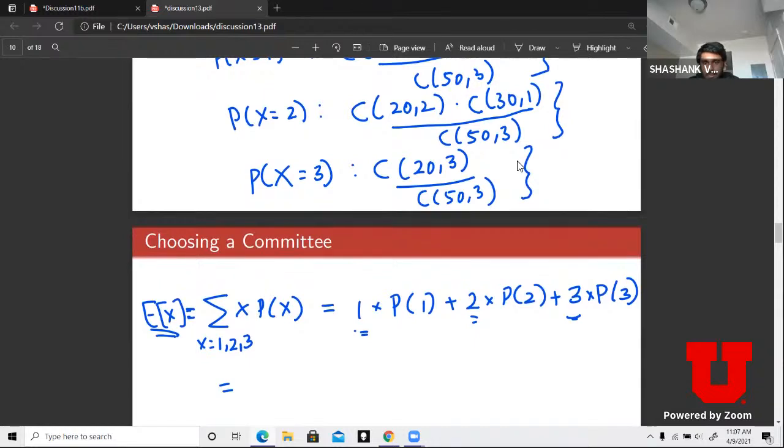But yeah, if you did use these expressions in your steps, then you should be arriving at the right answer. Okay. Any other questions on this problem?